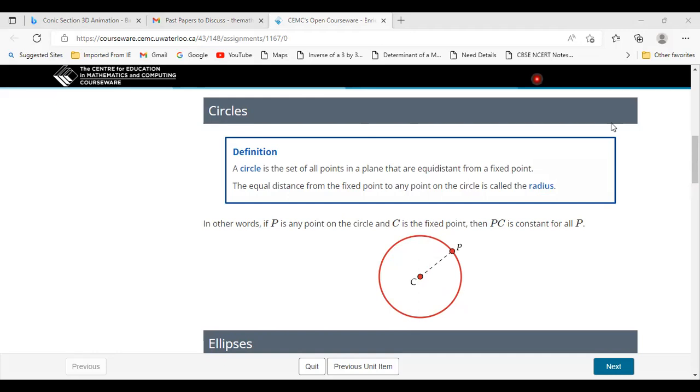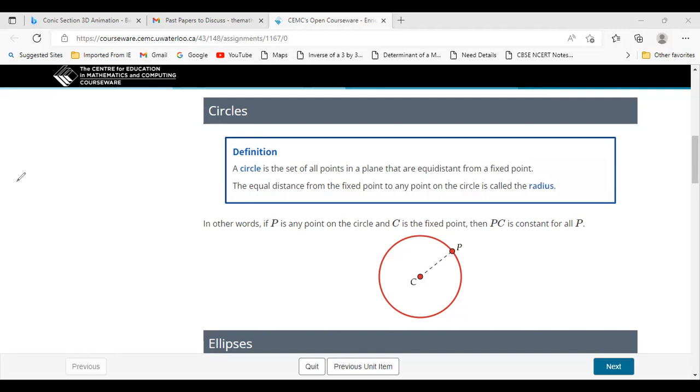And what is the general equation of the circle? X squared, no, I think it is x squared plus y squared equals r squared. Yeah, you can say that.